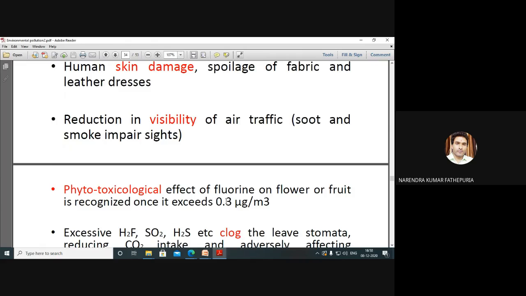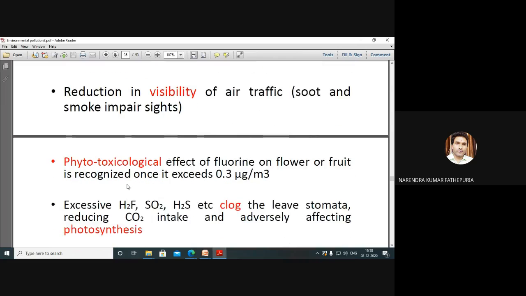Once the fluorine content exceeds 0.3 microgram per cubic meter, it creates a phytotoxic effect which will transmit through the various trophic levels from primary consumer to secondary and tertiary consumer and then decomposers. So these pollutants keep transmitting from one body to another, and it creates a lot of problems for flowers and fruits.